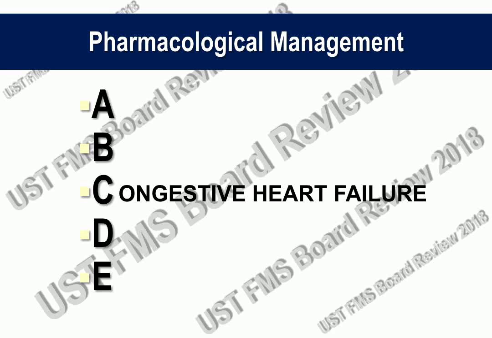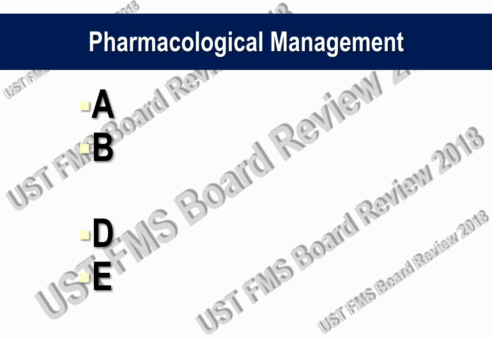And since you want to eliminate the symptoms as well as the effects of congestive heart failure, you cross out the letter C. And so now we're just left with A, B, D, and E. A would stand for ACE inhibitors primarily, or an ARB. Do remember that ARBs are only secondary. You only give it if an ACE inhibitor is contraindicated or the patient does not tolerate the ACE inhibitor.